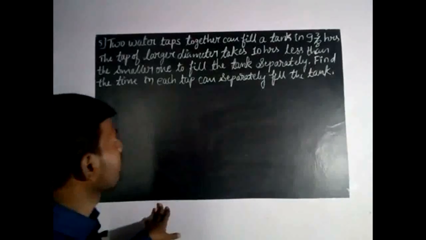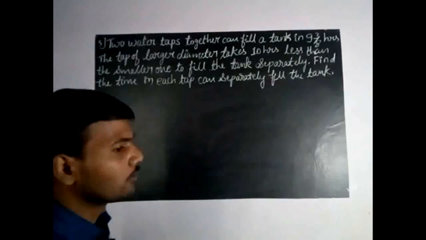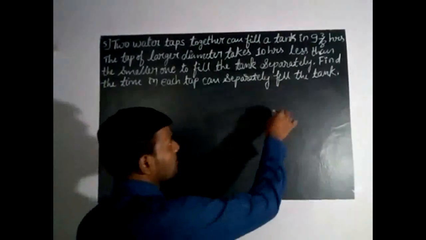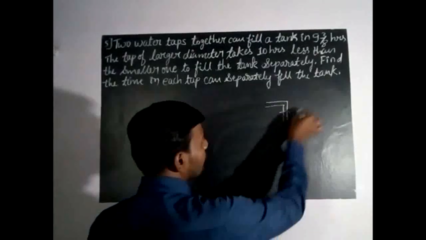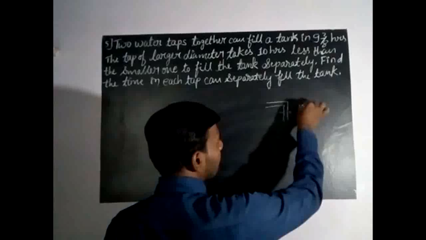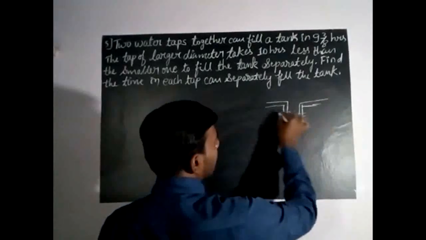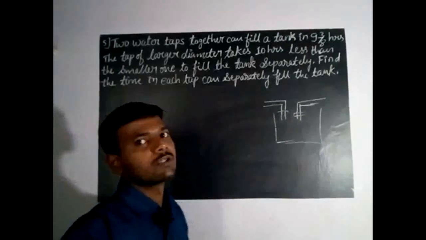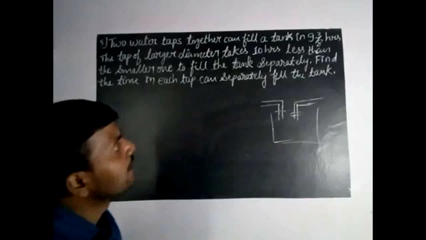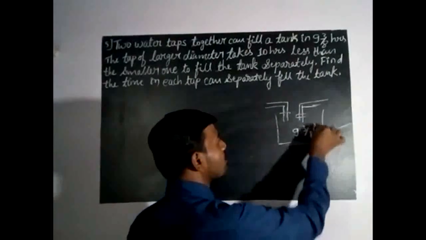Find the time in which each tap can separately fill the tank. Okay, so here the two taps together can fill a tank in 9 whole 3 by 8 hours.